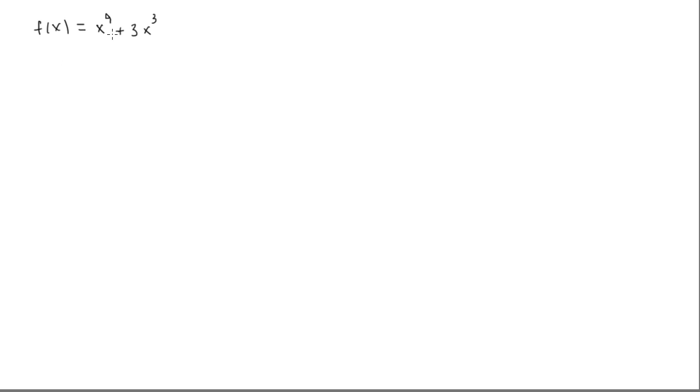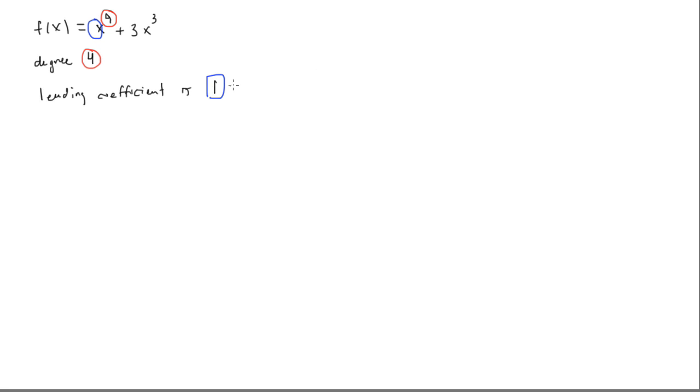So this polynomial has several properties. The first is that its degree is 4, and that is just determined by what the highest power of x is in the definition of the function. And then the other thing here is that the leading coefficient is 1, and it's not actually written here because, of course, we don't need to write just a 1.